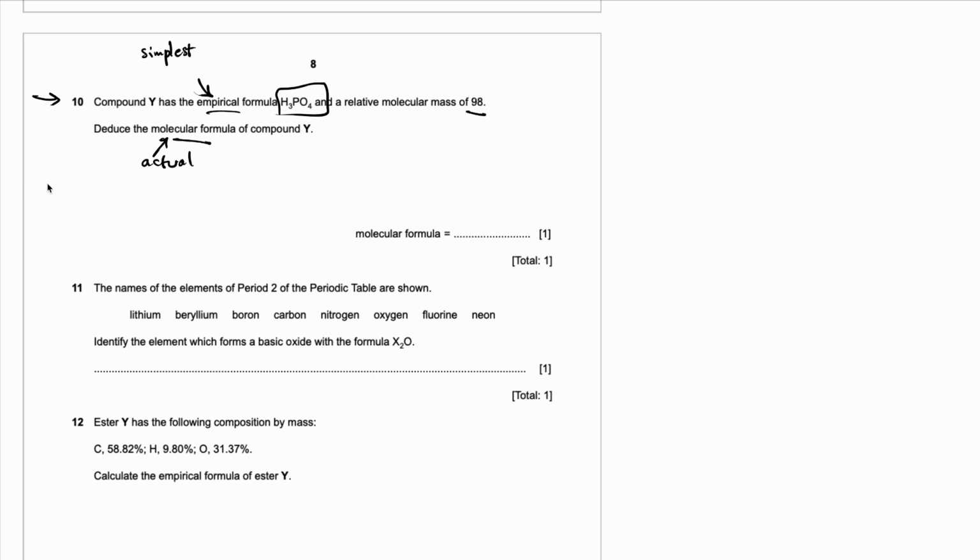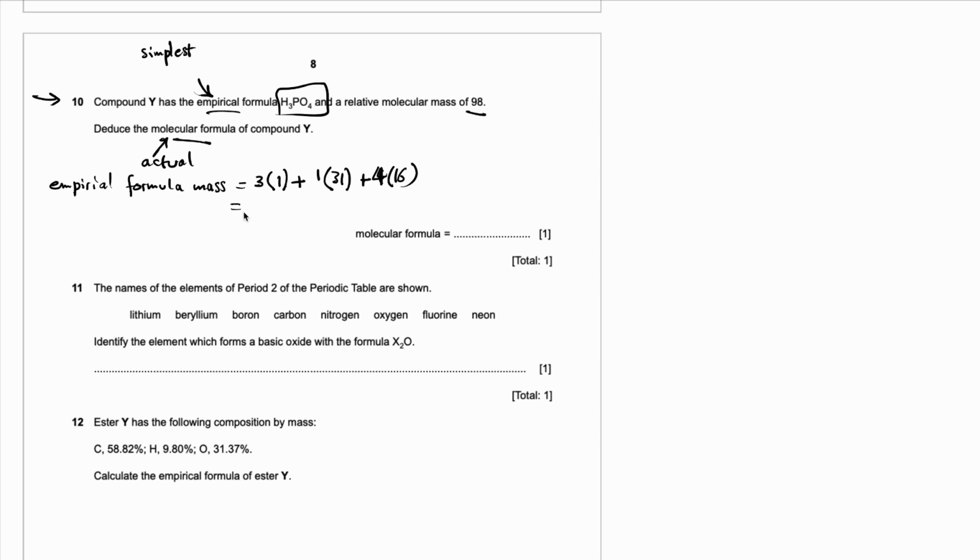So the first step is to know the empirical formula mass, and that is 3 hydrogens and 1 phosphorus. Phosphorus is 31, and 4 oxygens. Oxygen is 16.